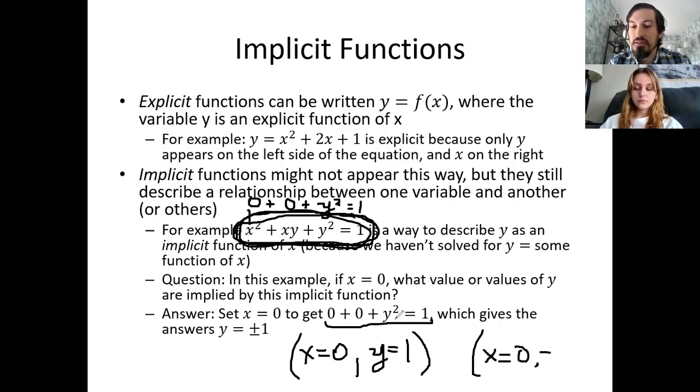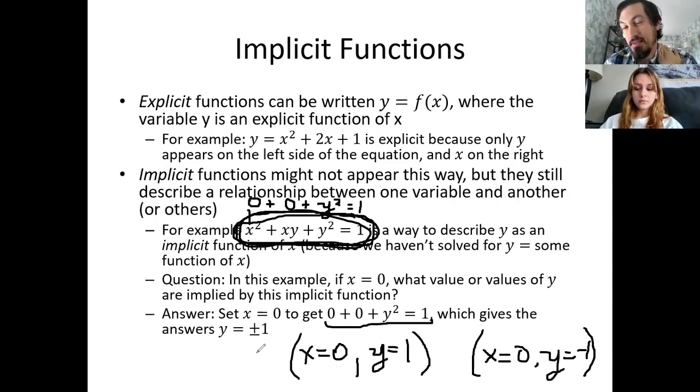That's what we're going to maybe see in today's lecture: this is an implicit function, an implied relationship between x and y. Is it the same as an explicit function where y equals some function of x and one x uniquely determines a y?